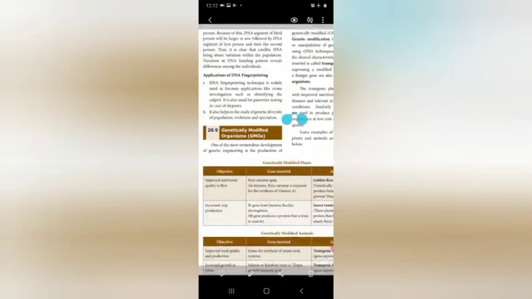Some genetically modified organisms are given here in the table column. First one, improved nutritional quality in rice. The gene inserted is called the beta carotene gene. This beta carotene gene is present in the plant and increases vitamin A in human beings, because we are eating those plant parts.